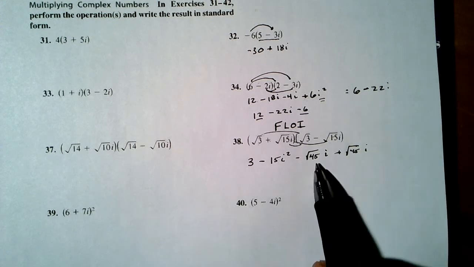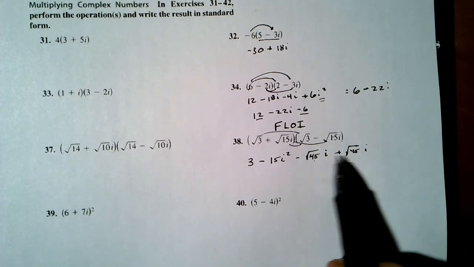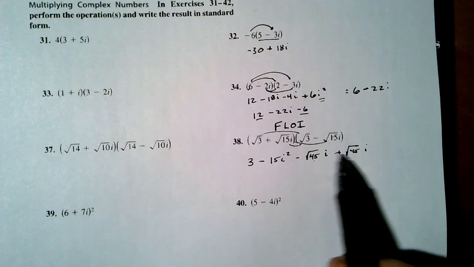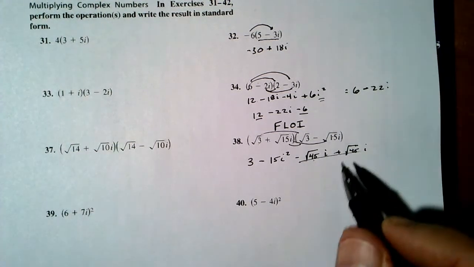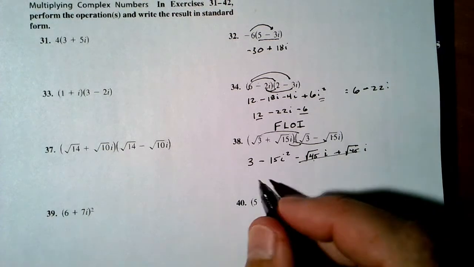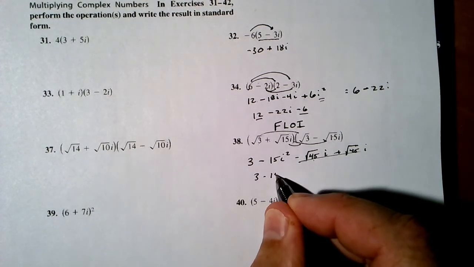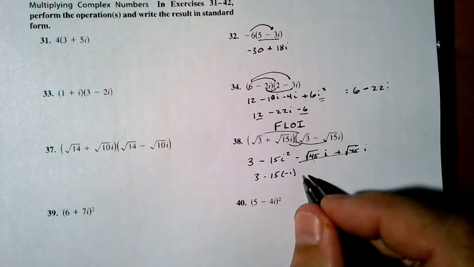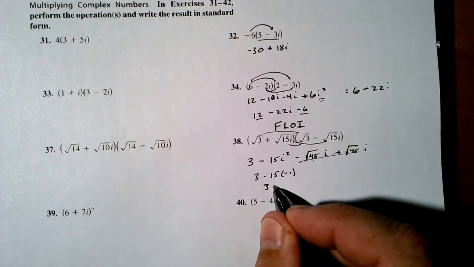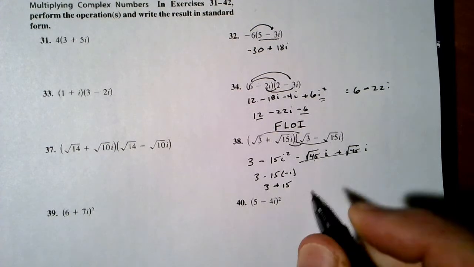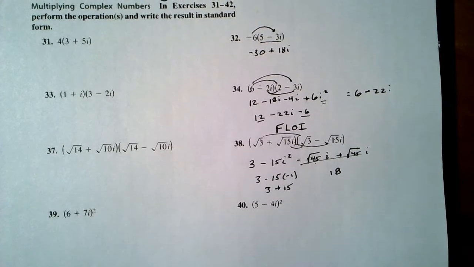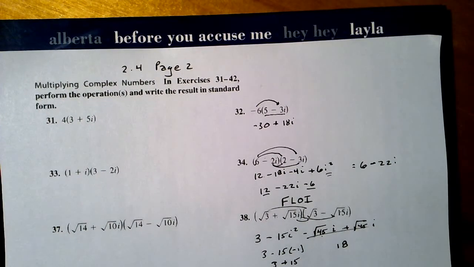And of course I could take a 9 out of these, make it 3 square root of 5, 3 square root of 5, but we don't have to because they cancel. So the conjugate is going to work for us, canceling here. So this is 3 minus 15 i squared. i squared is -1, or 3 plus 15. We get 18, and that's correct answer, but they do ask us for, we want this in standard form.